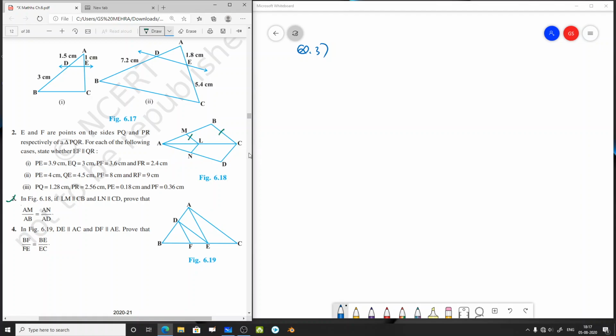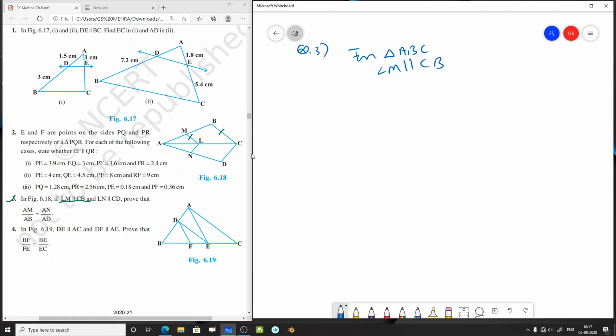So here we will take triangle ABC. In triangle ABC, what is given to us, LM is parallel to CB. Therefore, we'll see the left hand side of the given equation, that is AM by AB.